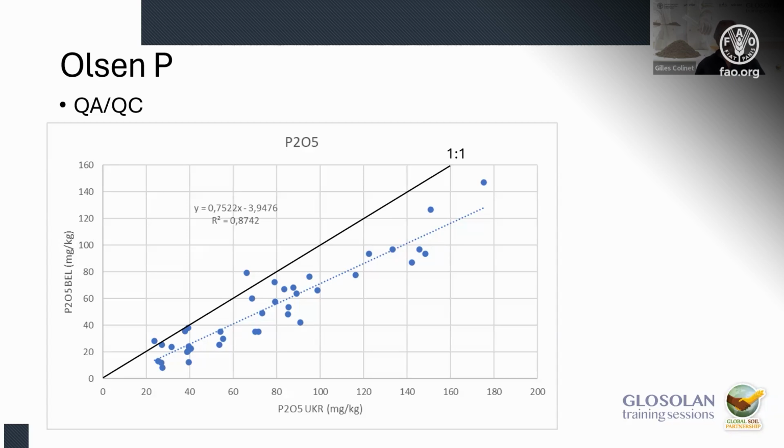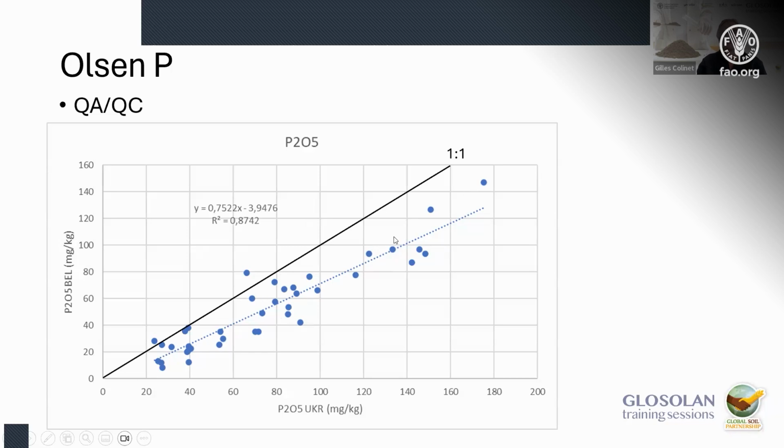And so we also made a comparison of our result with the GLOSOLAN methods here with the Ukrainian results. And as you can see, there is a good correlation. They are not far from a regression line. So we have a good R square here, but there is a bias between the two methods.